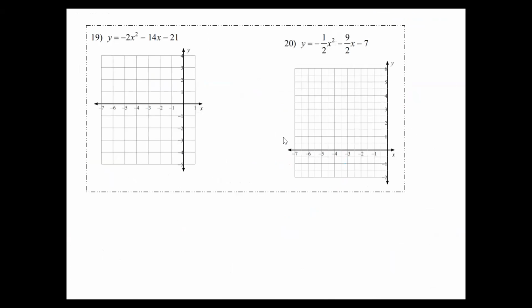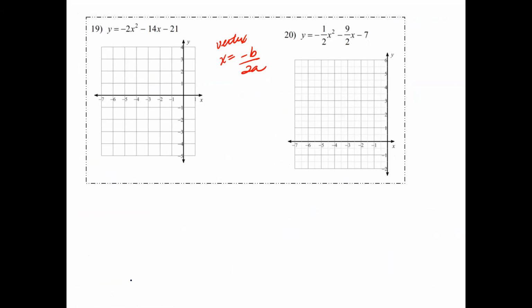Okay, so with number 19, in order to graph this, remember your vertex has a formula x equals negative b over 2a. So let's figure out what that's going to equal to. Now, remember your b here is a negative 14. Your a is a negative 2. So a is right here, b is right there. So x equals negative 14 divided by 2 times negative 2, which is a positive 14 over negative 4.